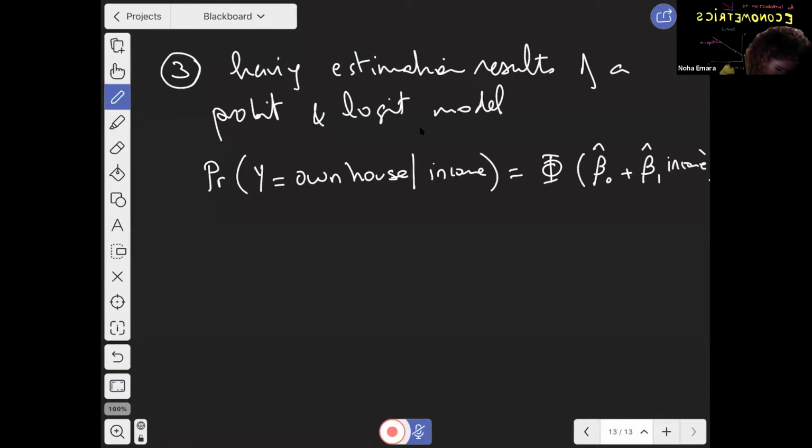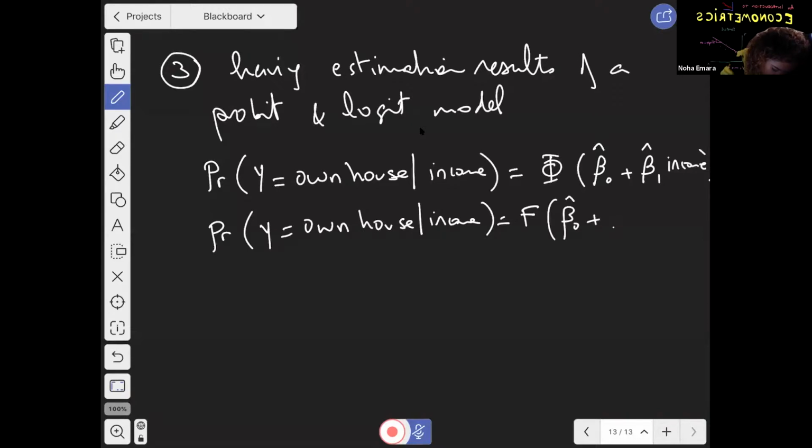And the probability that the family owns a house, given again income, using the logit function would be F of beta hat naught plus beta hat 1 income, again the same.